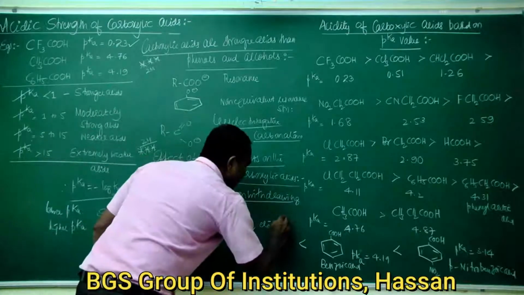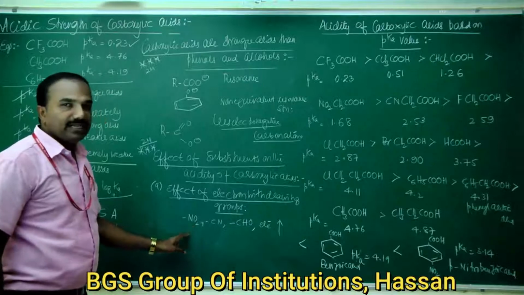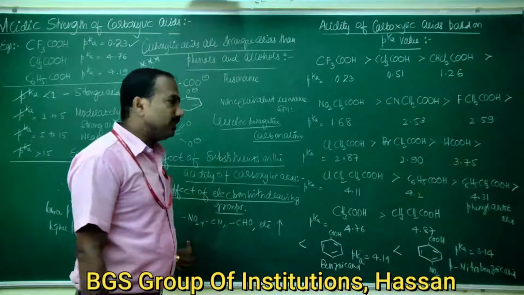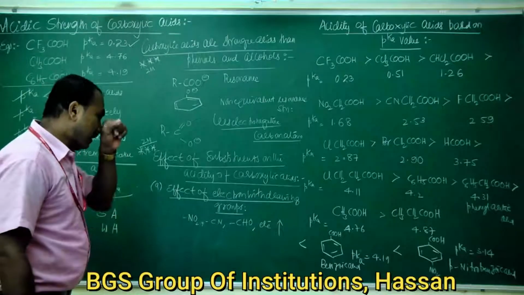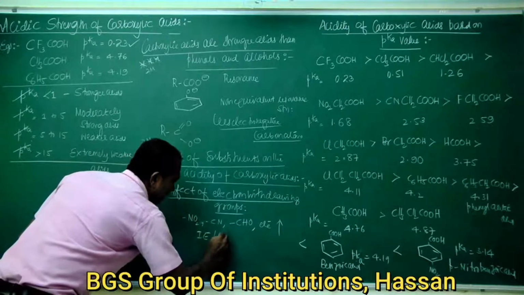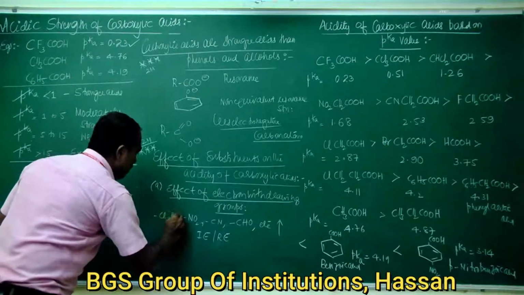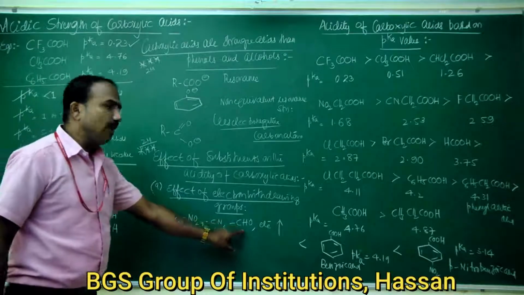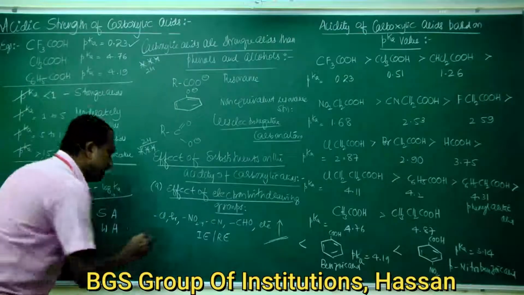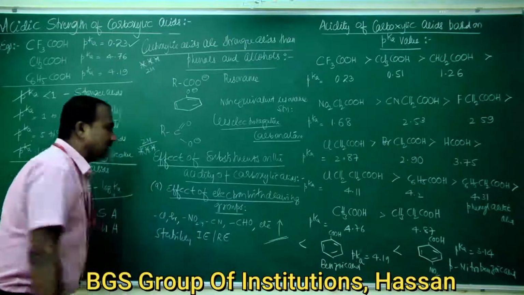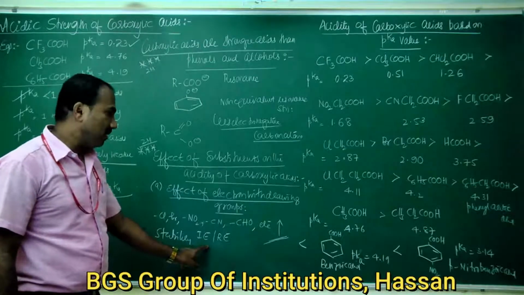Electron withdrawing groups such as chloro, bromo, nitro, cyano, aldehyde, etc. increase the acidity of carboxylic acids by stabilizing the conjugate base, through delocalization of negative charge on the oxygen atom by inductive effect or resonance effect.